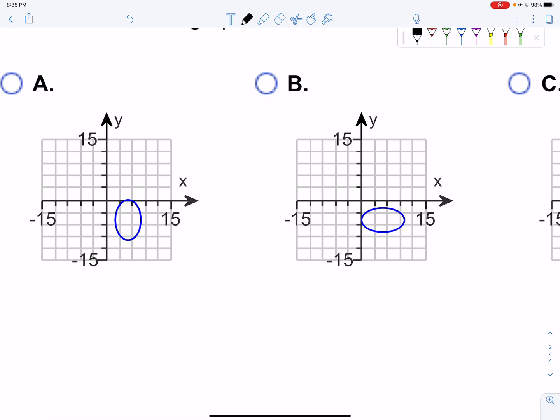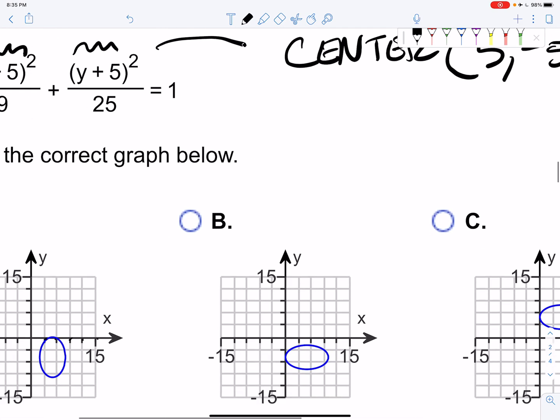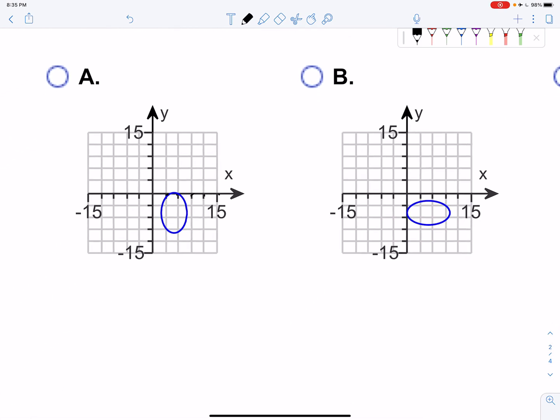I hate how they marked this graph. Geez, what is this? 3, 1, 2, 3, 4, 5. They're counting by threes, and I've got to go 5. This is lame. Anyways, I go right about 5, and then I go down about 5. So I think that's about there.